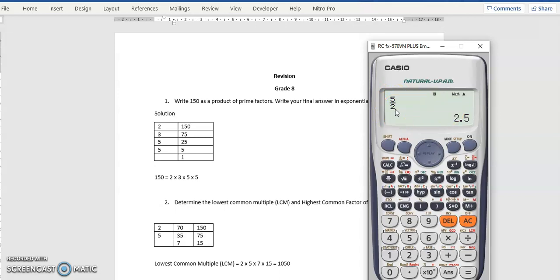No. I can't take the 2 because there is a remainder. We want a number that can divide without a remainder. Are we moving together? Good. Now, I move to where? Move your cursor back to these 2.